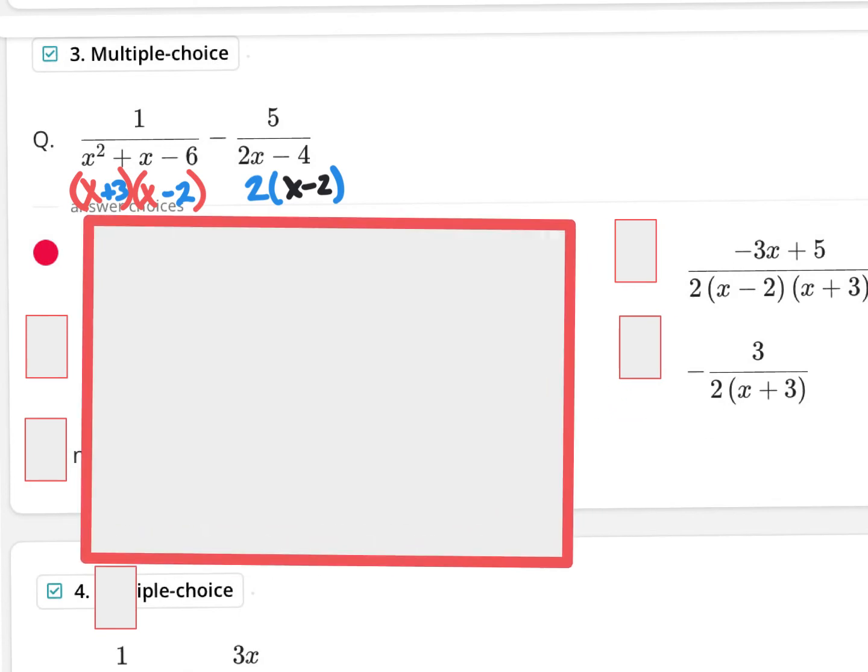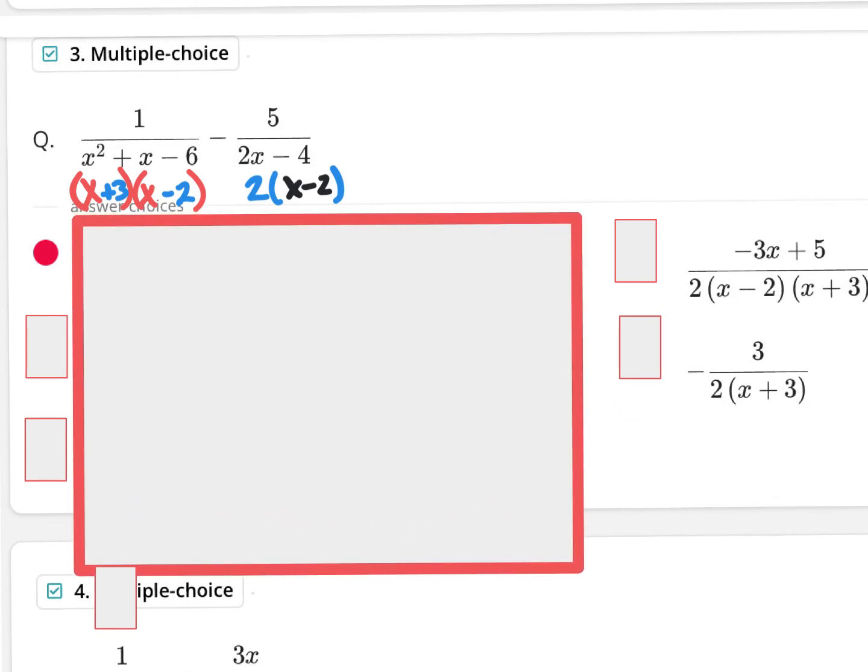Okay, here we go. So my LCD will be the x minus 2, bring down the x plus 3 and bring down the 2. So there's my LCD: 2, x minus 2, x plus 3.